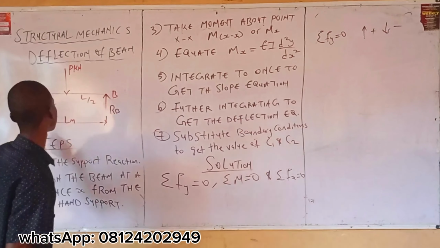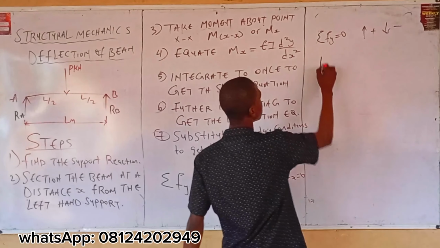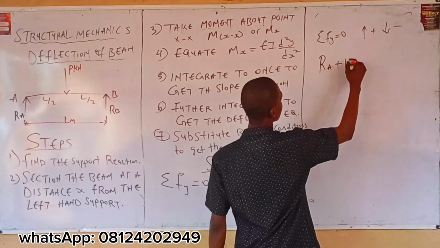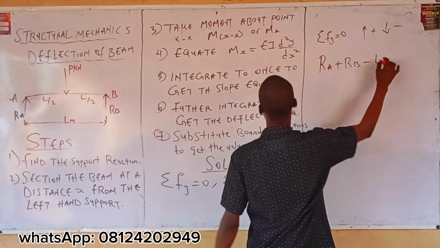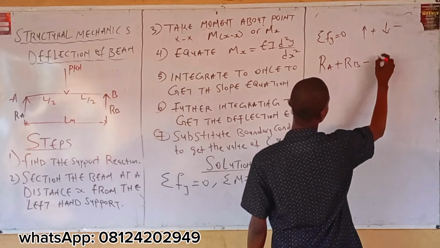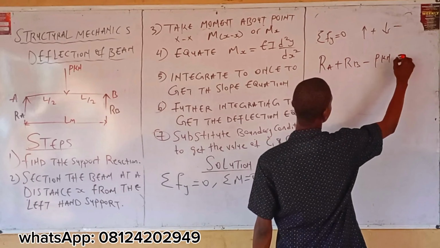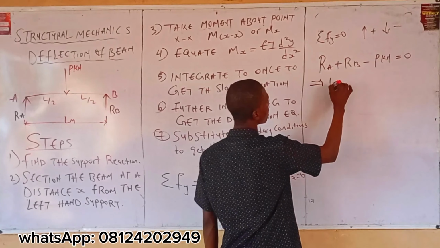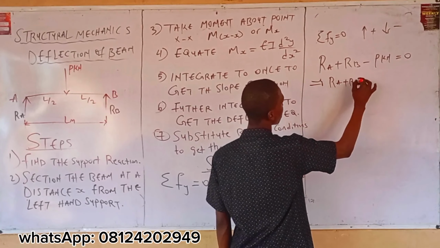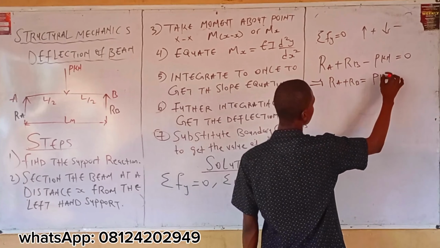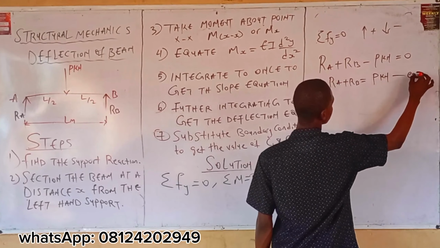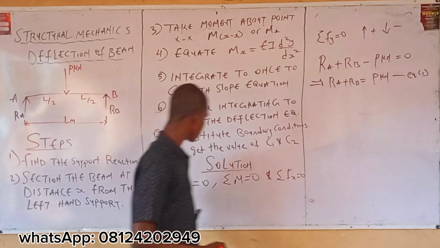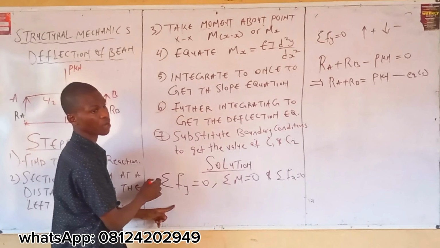So RA plus RB minus P kilonewton equals 0, which implies that RA plus RB equals P kilonewton. Call this equation 1.